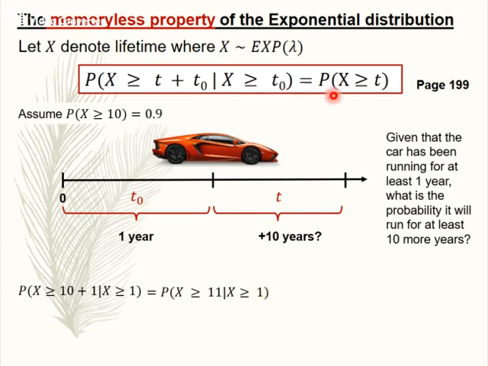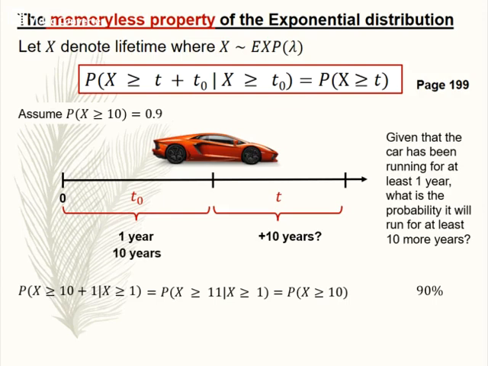And according to the memoryless property, we can immediately see that this probability is the probability of x greater than or equal to t. We said t is 10 years, so that's x greater than or equal to 10, and at the beginning of this example, I said let's assume that probability is equal to 0.9. So in other words, the chance of my car surviving another 10 years, given it's been running for 1 year, is 90%.